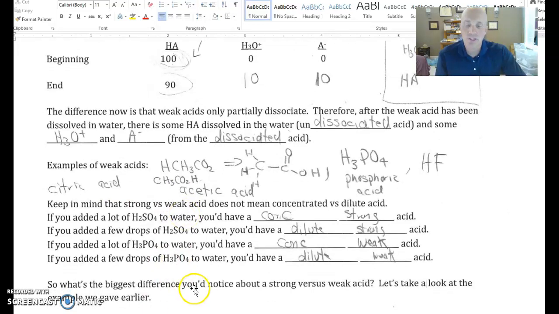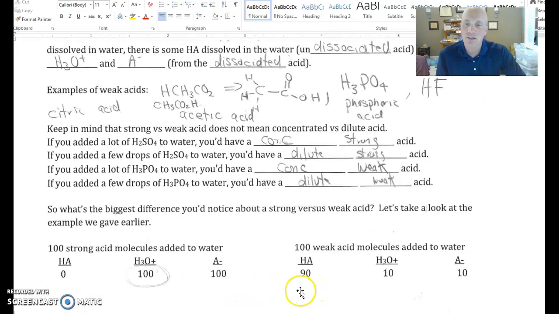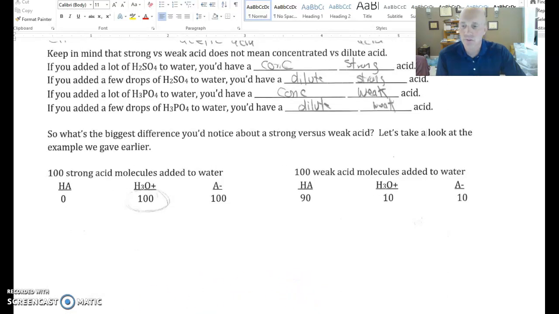So what's the biggest difference that you would notice about a strong versus a weak acid? Let's take a look at these two examples. If we added the same number of molecules of a strong acid to water, and over here we add that exact same number of weak acid molecules to water, notice that when you're done, you're going to end up creating more H3O+ molecules from the strong acid versus the weak acid.